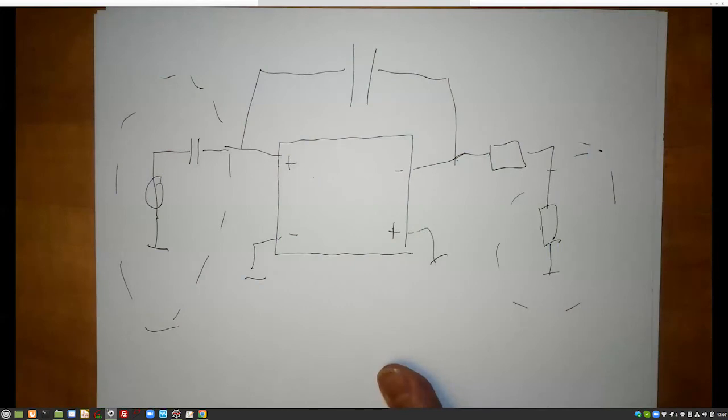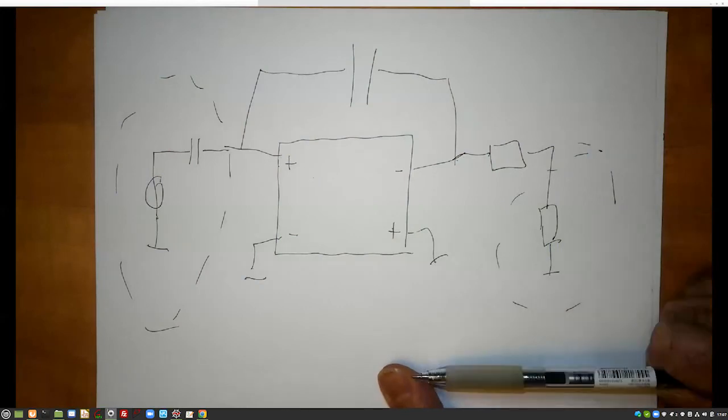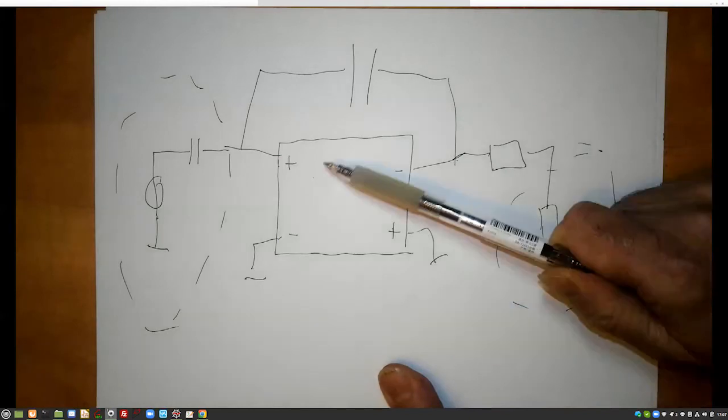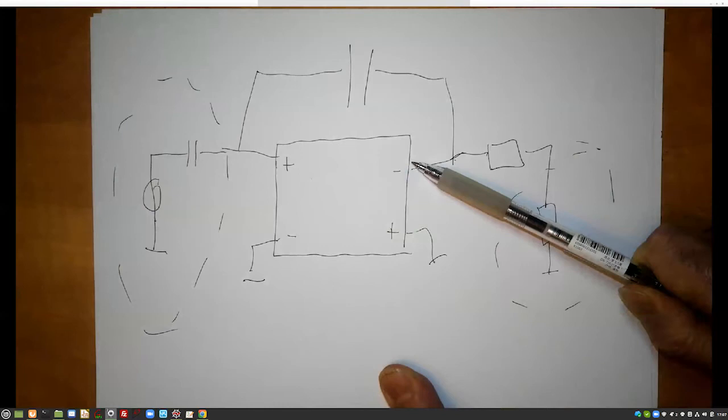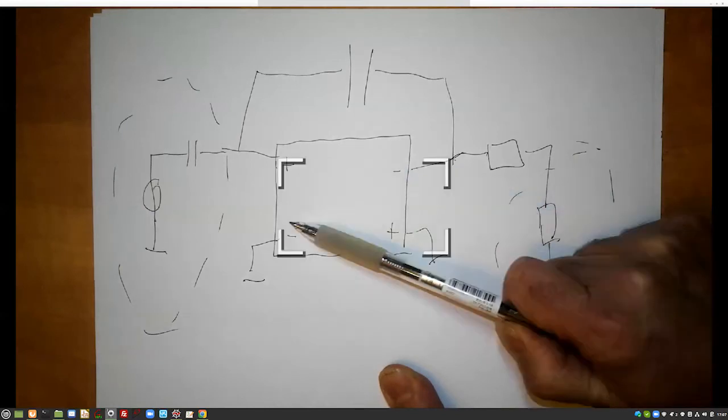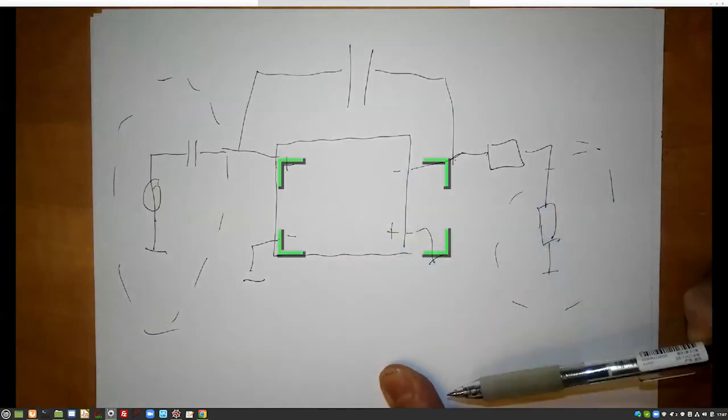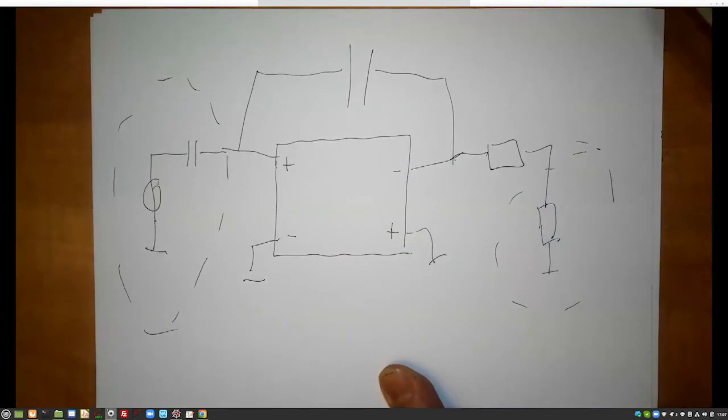Well, you see, a single stage controller is possible because with a single CS stage, we could do this to the gate, this to a drain, and this to the source. But now your design task was to design an amplifier in which the first stage was a differential pair. I didn't do that.